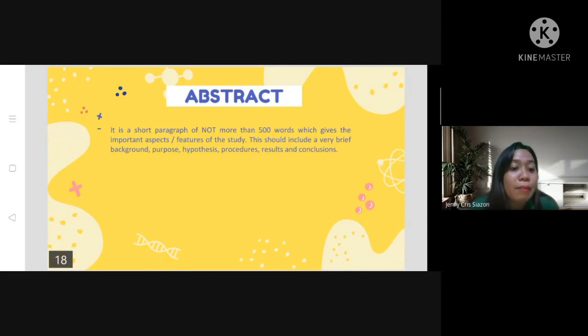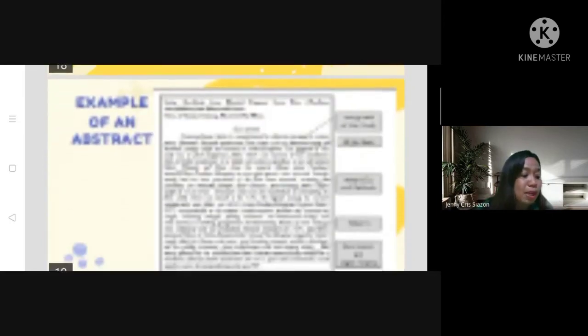Hindi ito dapat na mawala when you are writing your abstract. Parang sinasabi sa abstract, ito yung pinaka-summary ng ginawa mong research. So it should contain the background, your purpose, your hypothesis, your procedure, and last but not the least, your result and conclusion. So hindi dapat mawawala yun.